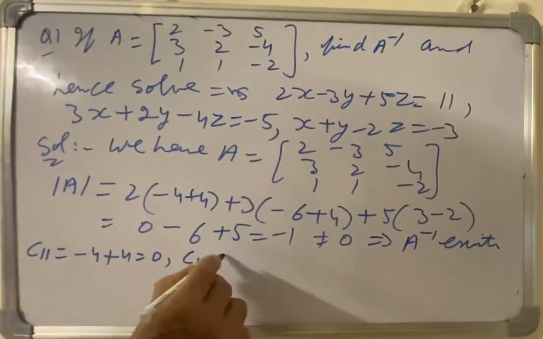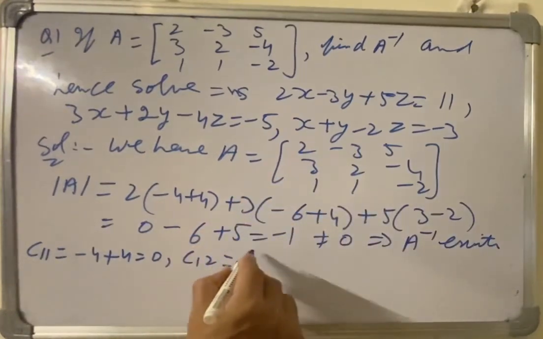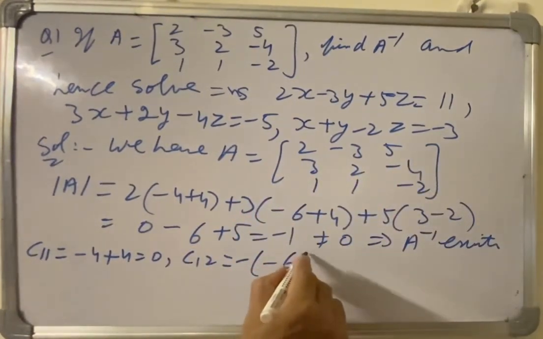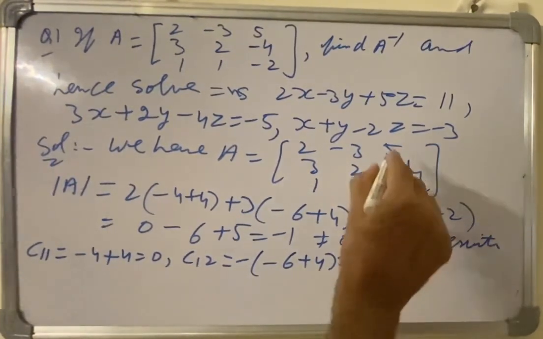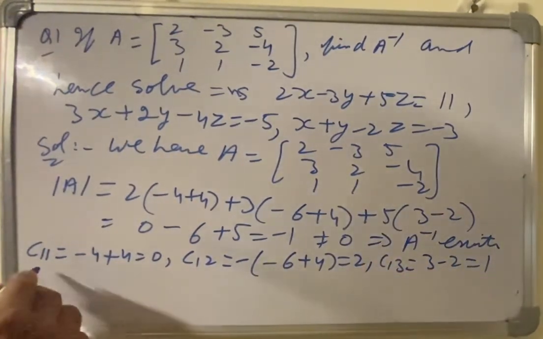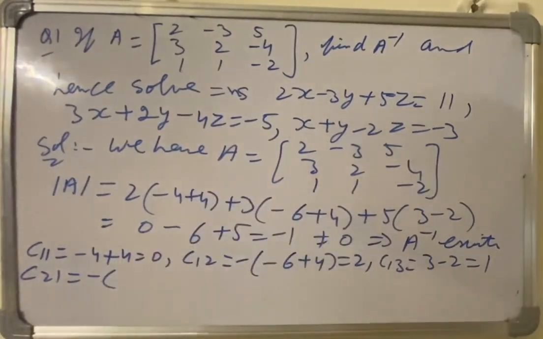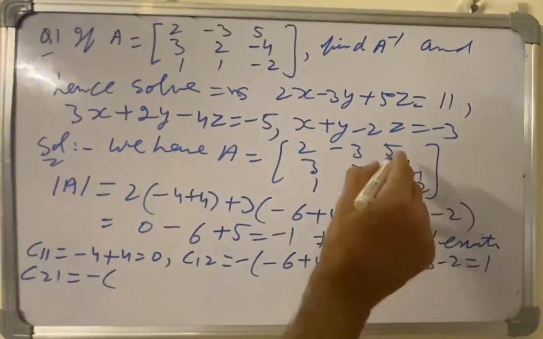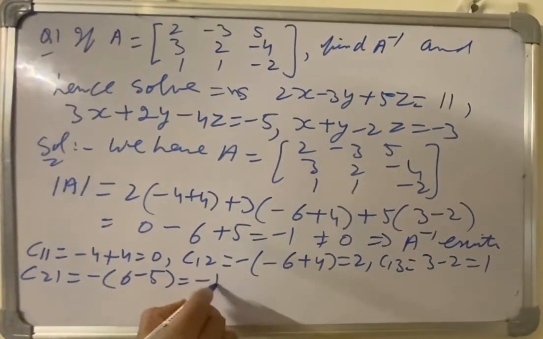Then C12 is equal to minus, minus 6 plus 4, it is 2. C13 is equal to 3 minus 2, 1. Then C21 is equal to minus, elements of second row, this is 6 minus 5, it is minus 1.